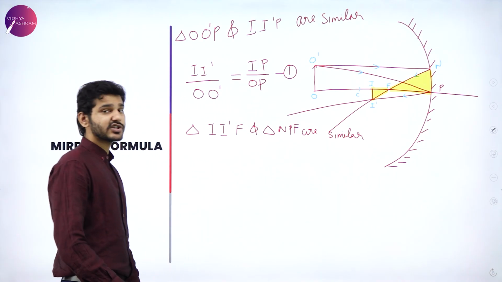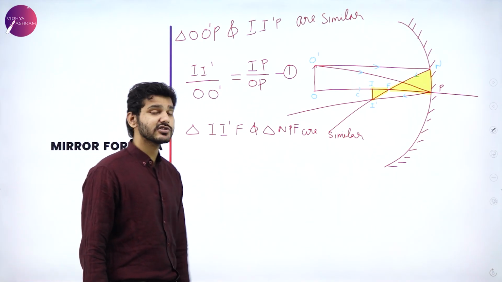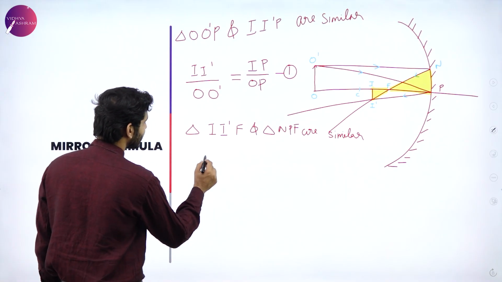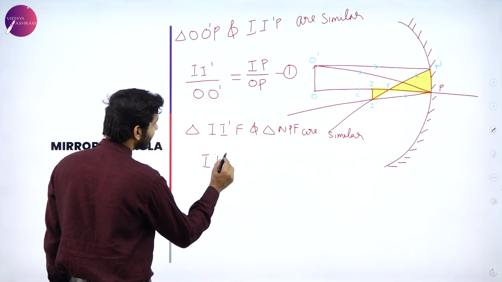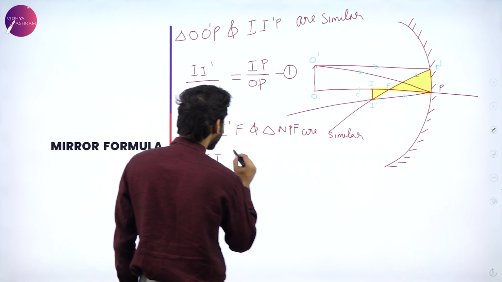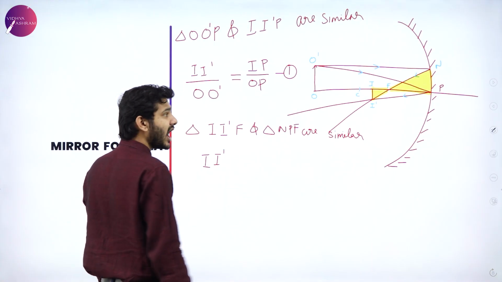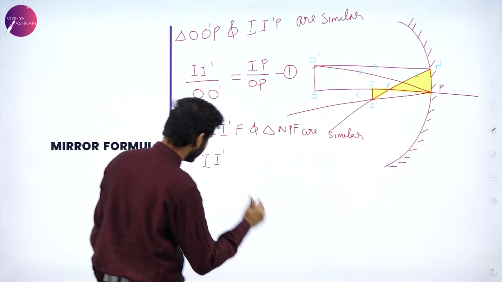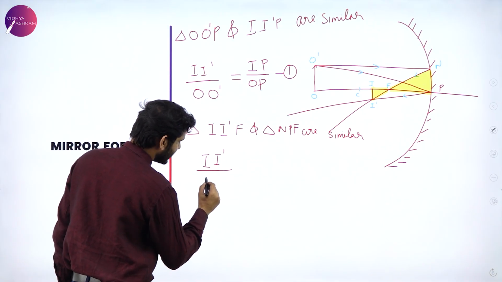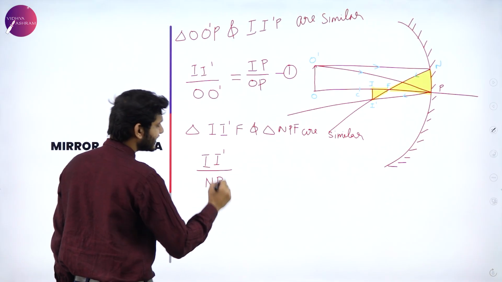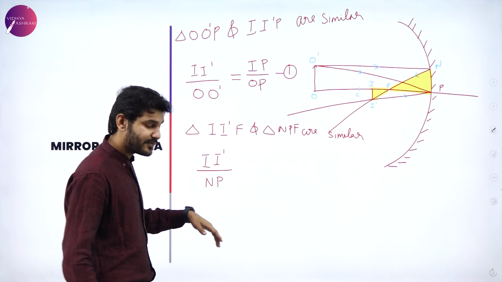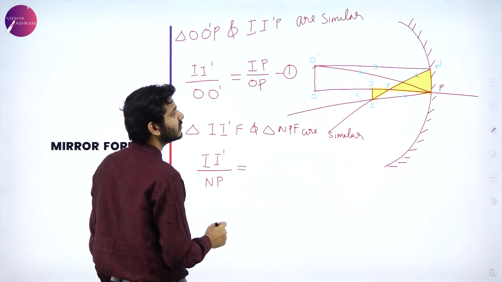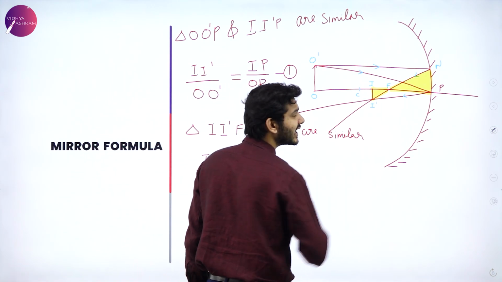So since they are similar triangles, the ratio of their sides will also be similar. So I can simply say that I dash, that is the height of this particular image, by NP will be equal to the ratio of their lengths.